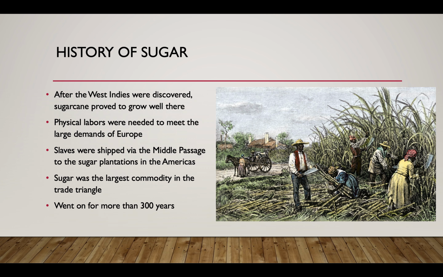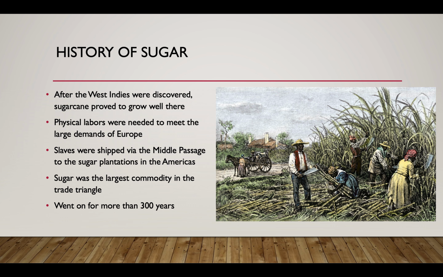So hundreds of years later, after the West Indies were discovered, the colonists brought sugarcane over here to see how well it would grow, and they found out that sugarcane grew really well in the tropical and the southern areas of the Americas.